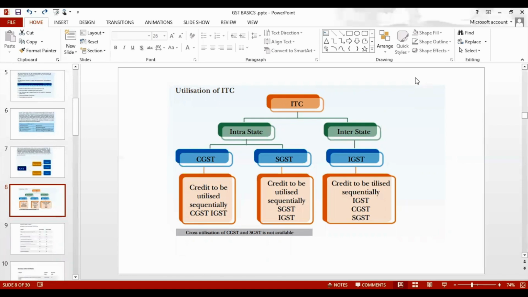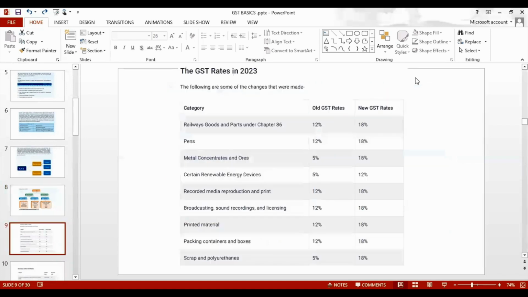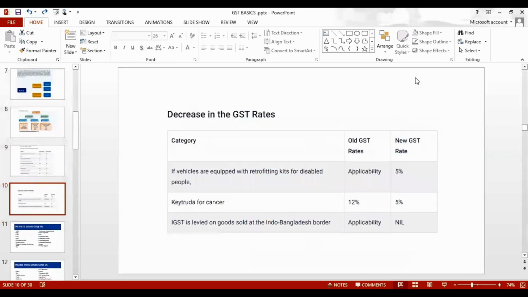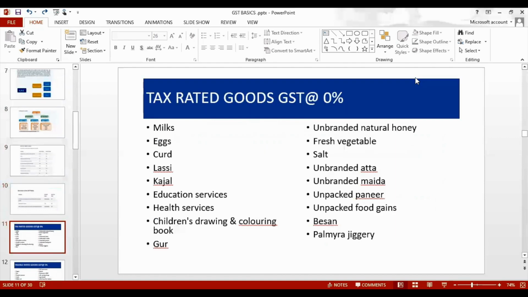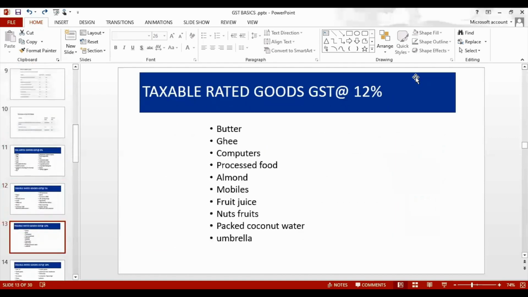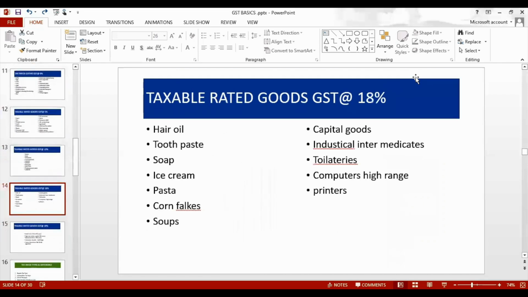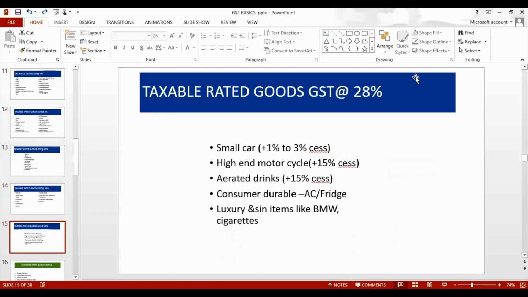I am explaining here the increased tax rates from old to new in 2023, and the decreased tax slabs. Tax slab wise, I explained 0%, 5%, 12%, 18%, 28%.